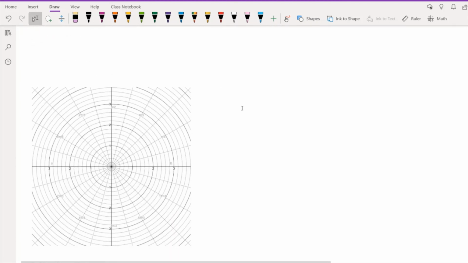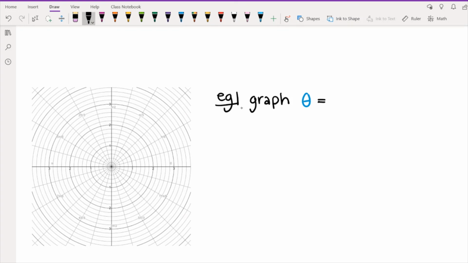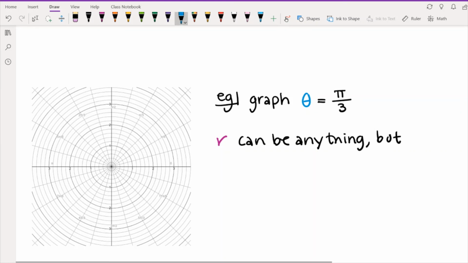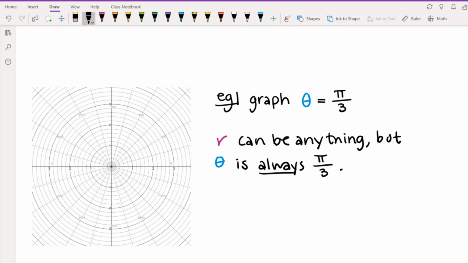Okay, what if we now do the opposite thing? Let's say that we wanted to pick a particular value for theta and write an equation that only has theta and no r. So let's say theta is equal to pi over 3. What would this look like? This tells us, again, because there's no r in this equation, r can be anything. But theta is always pi over 3. So what's that going to look like?